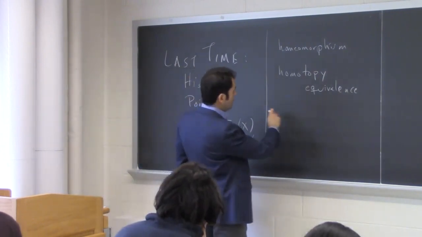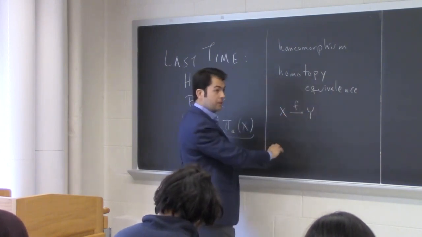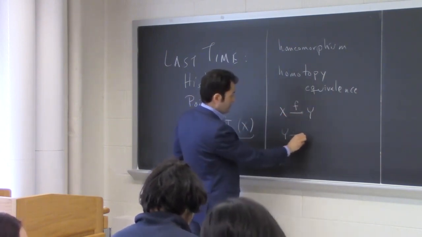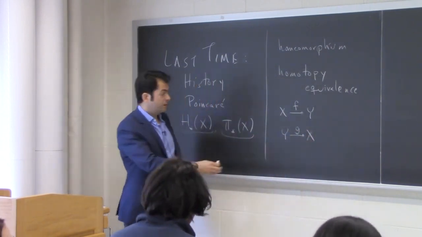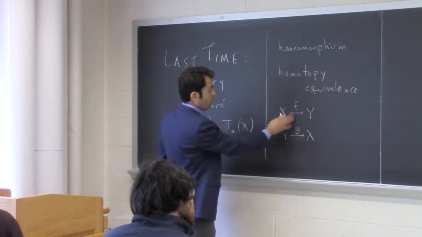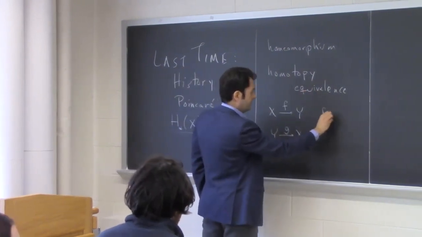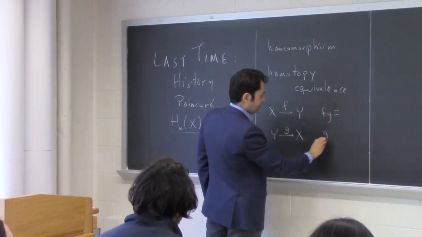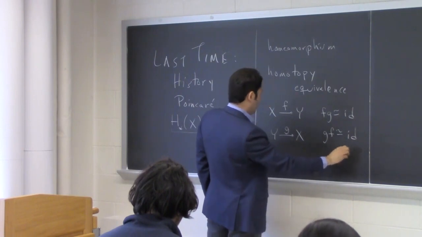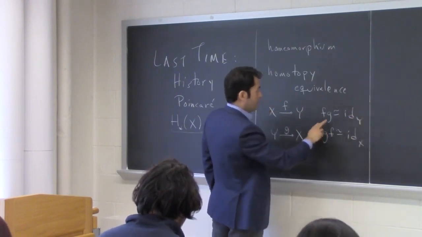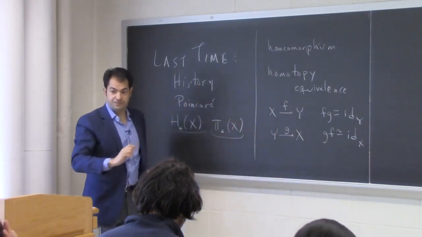And a homotopy equivalence between two spaces is a map for which you have a map going in the opposite direction, where for homeomorphism we would want these to be inverses. For homotopy equivalence, we just ask that the compositions be continuously connected, or homotopic, to the identities.